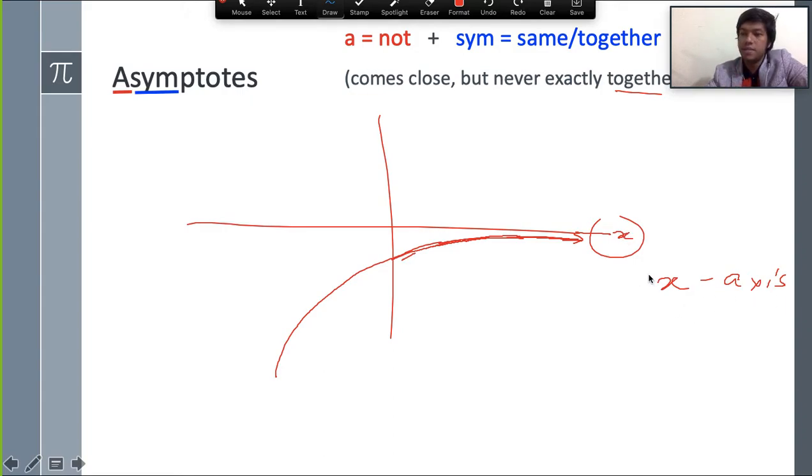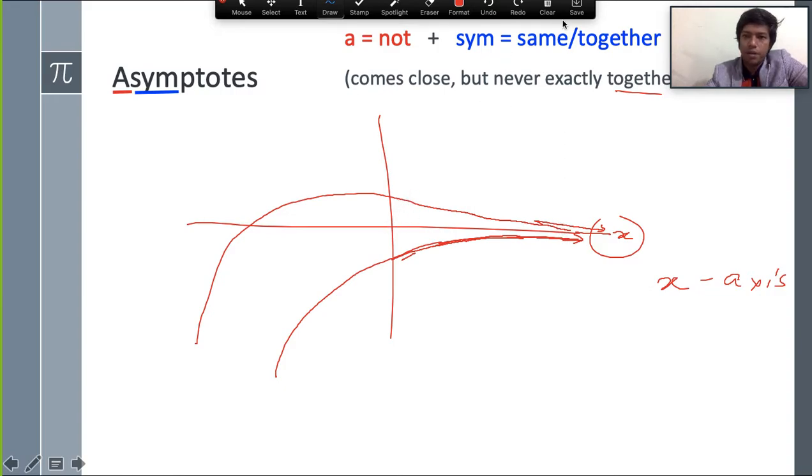That's why the x-axis is the asymptote, and it can happen on the y-axis or in other places also, which we will discuss now. But the idea is that the graph always comes closer. Even in some extreme case, let me draw it: the graph comes closer, and then all of a sudden starts coming closer to this x line. This is also an asymptote.